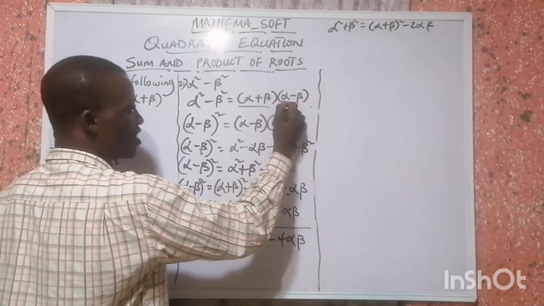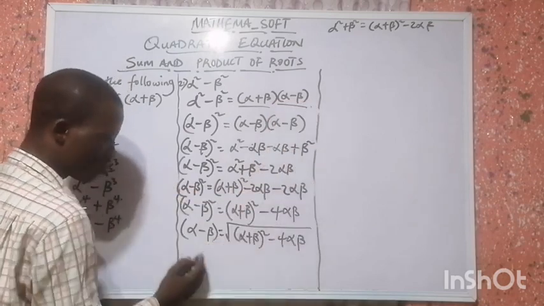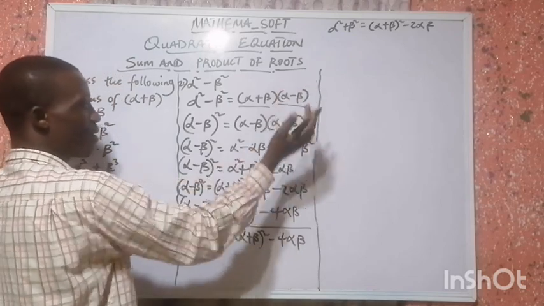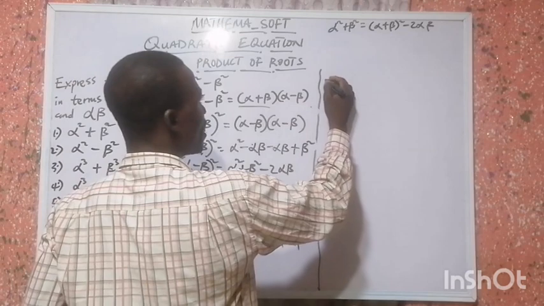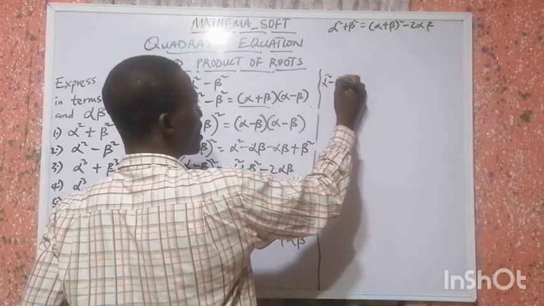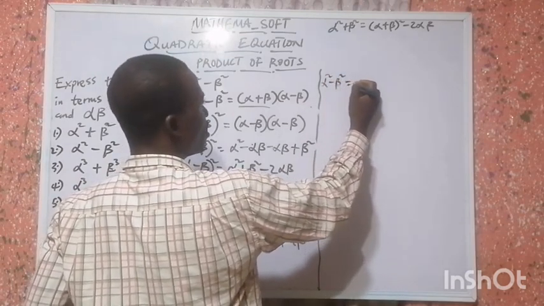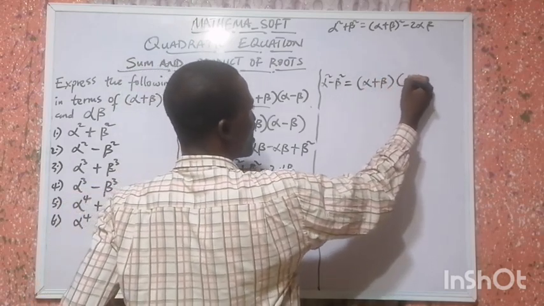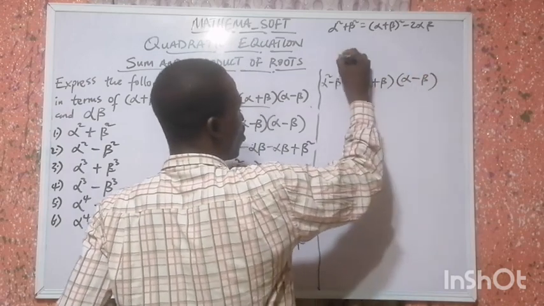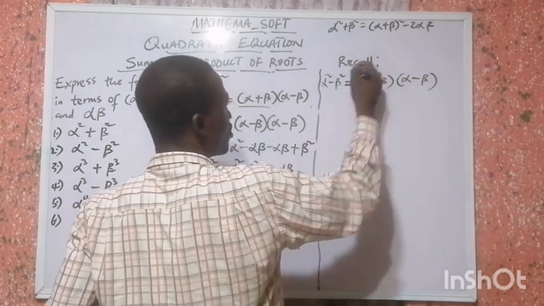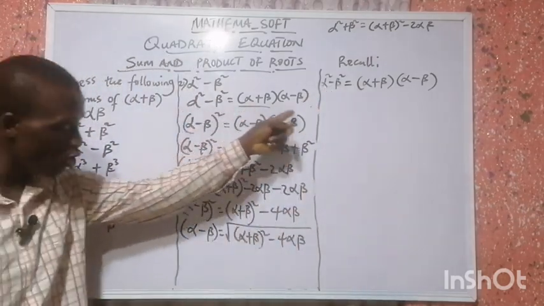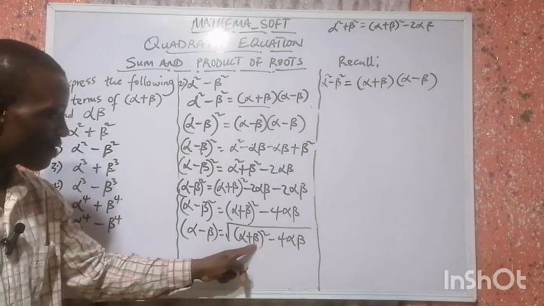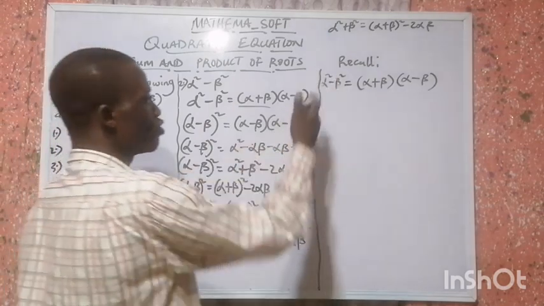Recall that alpha square minus beta square equals (alpha plus beta)(alpha minus beta). Now we have gotten an expression for alpha minus beta in terms of alpha plus beta and alpha beta, so let us use it to replace it.